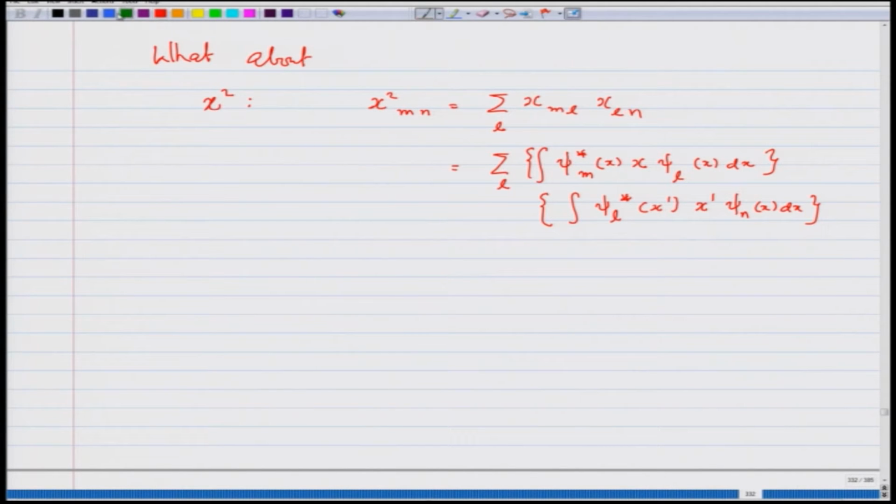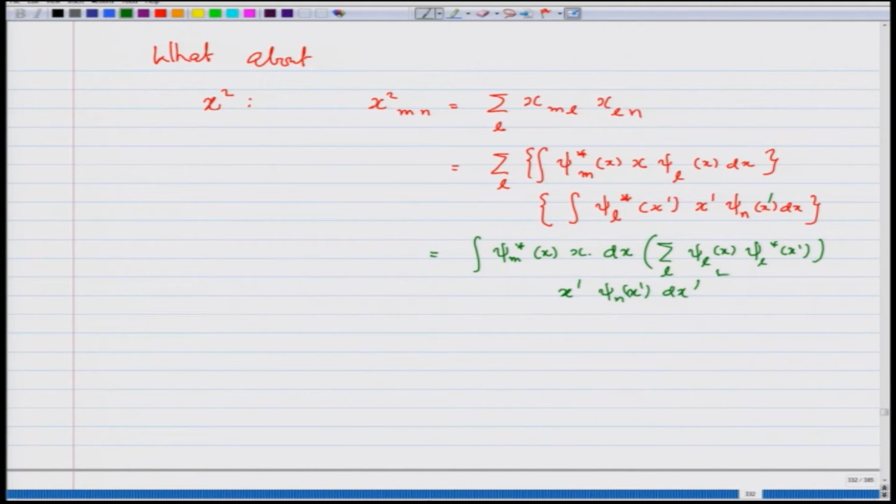And again, using completeness, I can write this as integration psi m star x times x dx. I will use summation over L psi L x psi L star x prime, then there is an x prime psi n, this is an x prime dx prime.